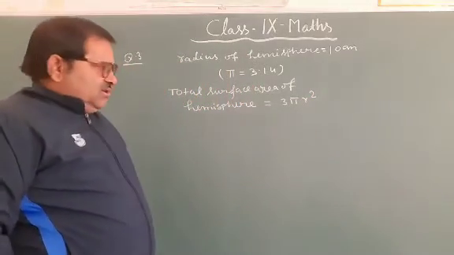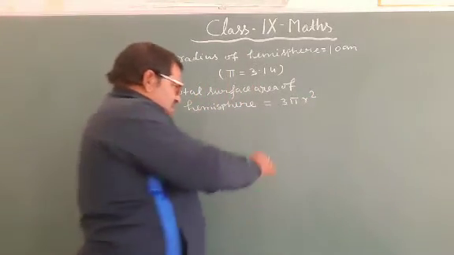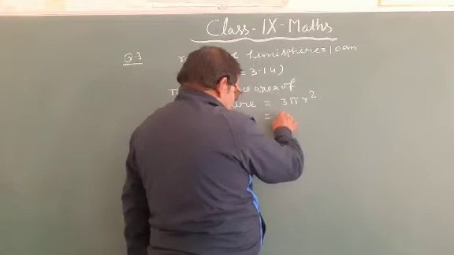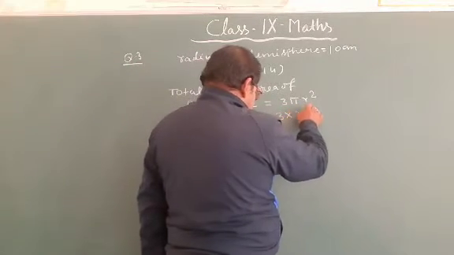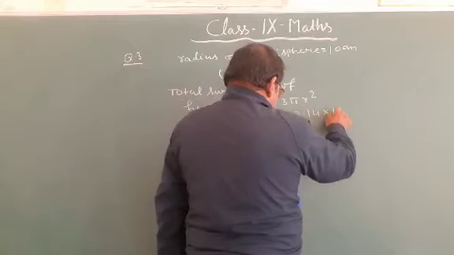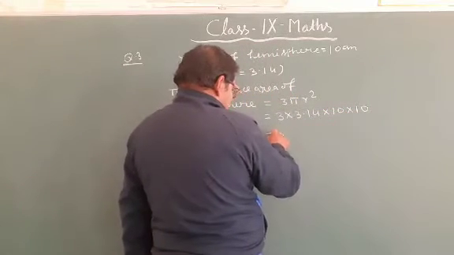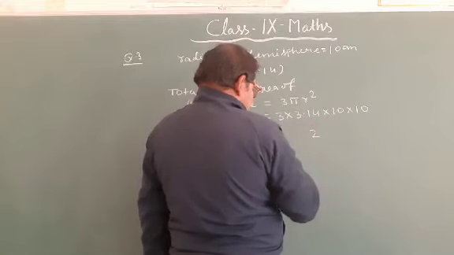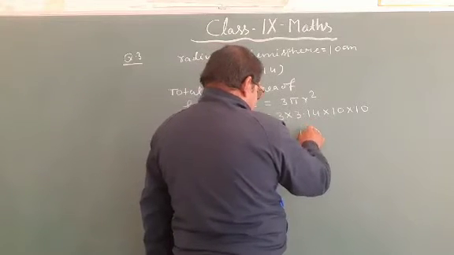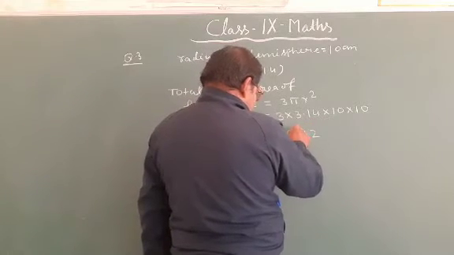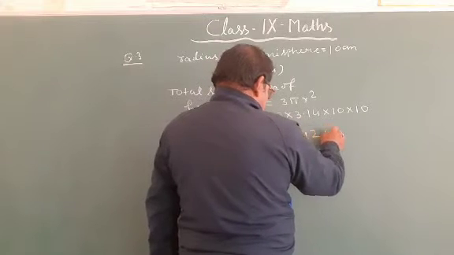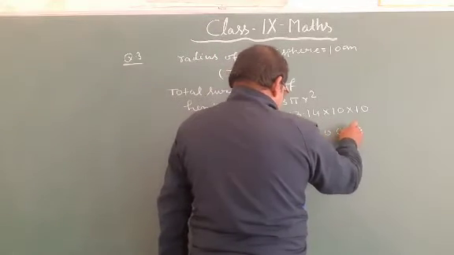3 pi r square. So 3 into 3.14 into 10 into 10. 3 4s are 12, 3 1s are 3 and 1 is 4, 3 3s are 9, 0.